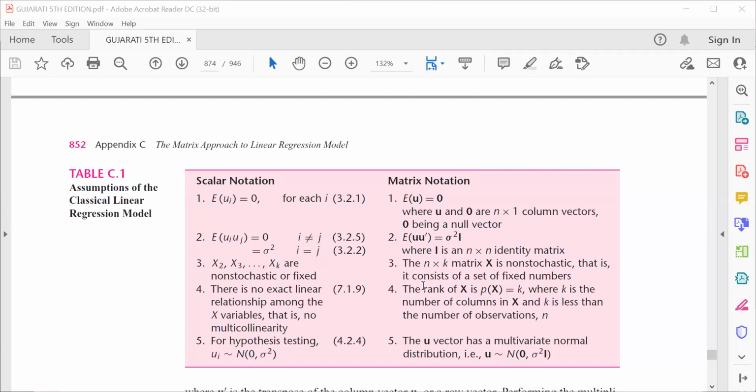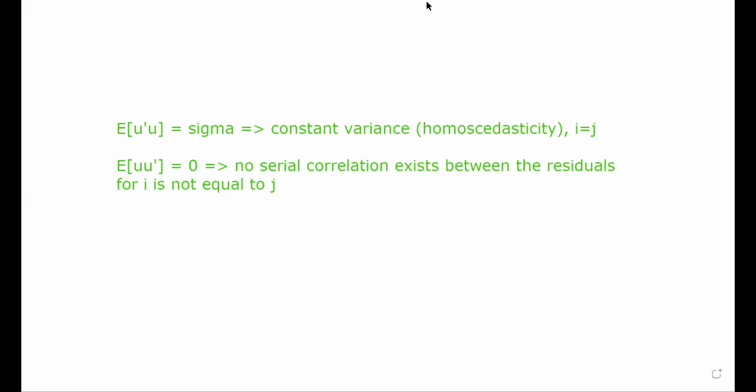The third assumption is that the n by k matrix X is non-stochastic. That is, the samples are fixed in repeated sampling. This means there is no correlation between the independent or explanatory variables and the residuals. This is the most important assumption in the classical linear regression model. The expected value of X prime mu is equal to 0.